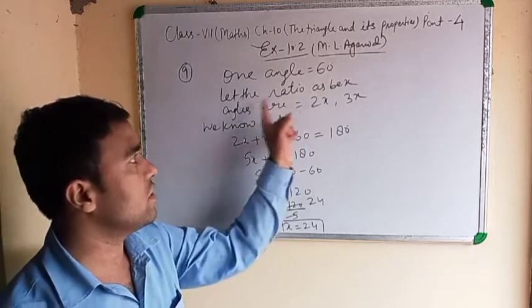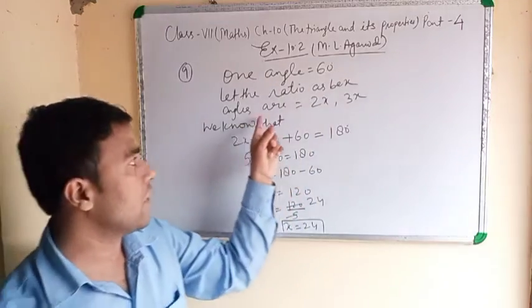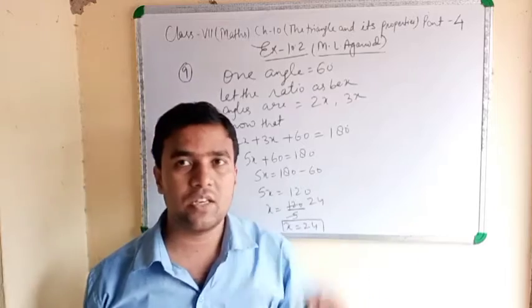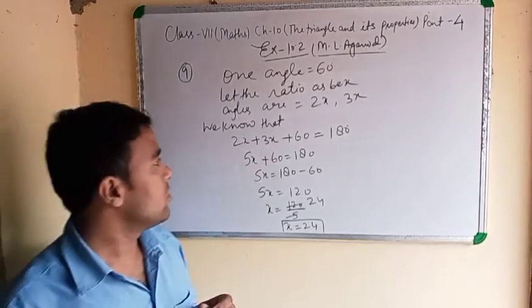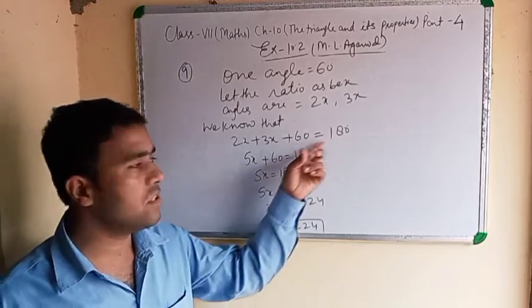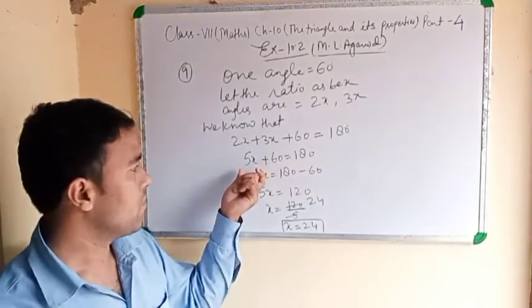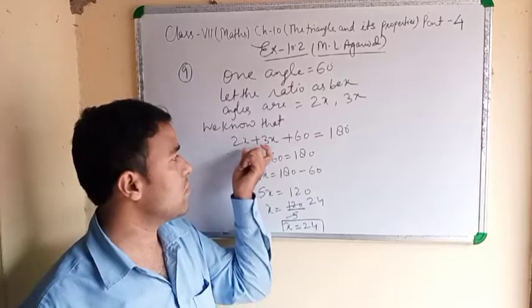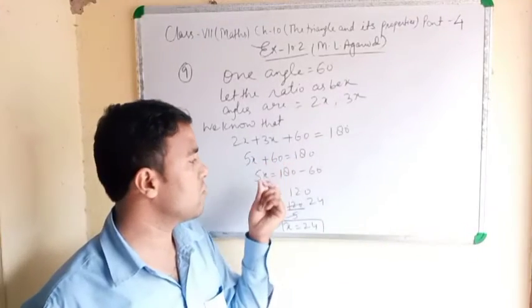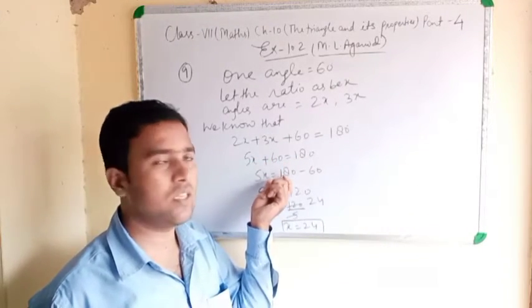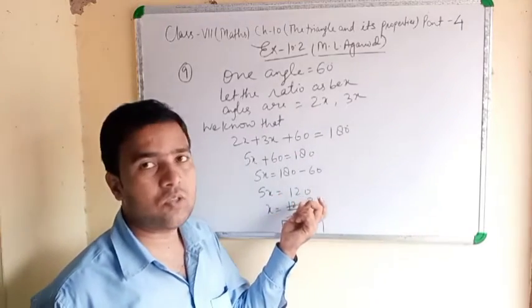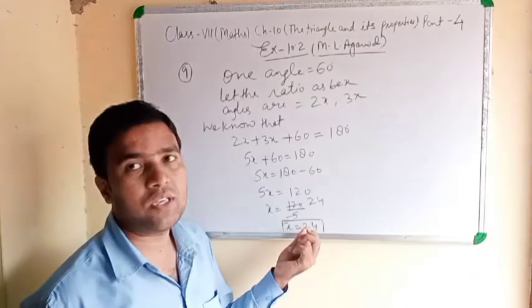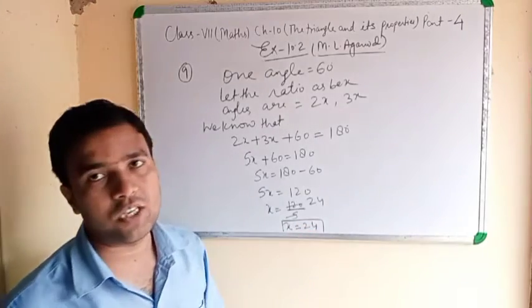One angle is 60. Ratio be x. Other angles are given in the ratio form. 2x plus 3x plus 60 equals 180. Clear? 5x plus 60 equals 180. Then 5x equals 180 minus 60. There you will subtract, sign will be changed. 5x equals 120. Then x equals 120 by 5. x equals 24.